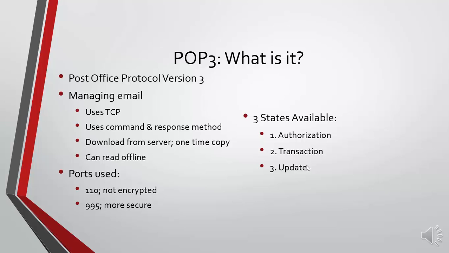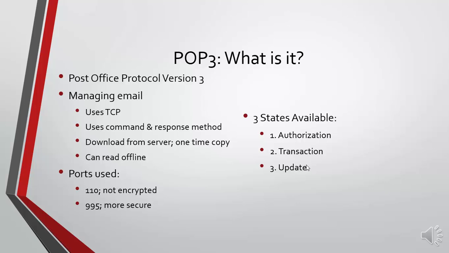POP3 has 3 states available. First one is authorization. Within authorization, it has 3 possible commands: user, pass, and quit. Basically, this is where the client gains access.